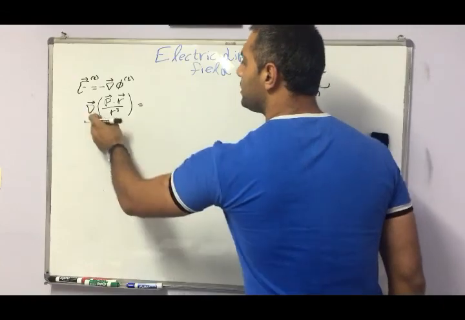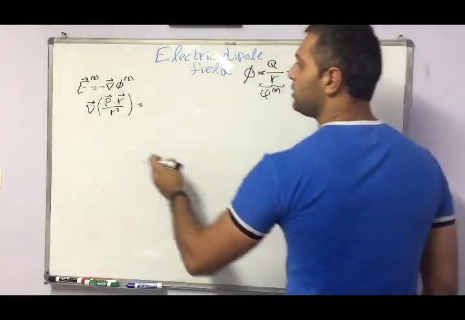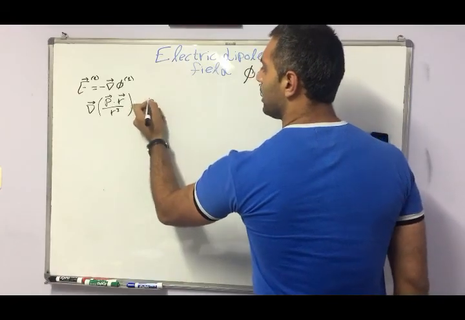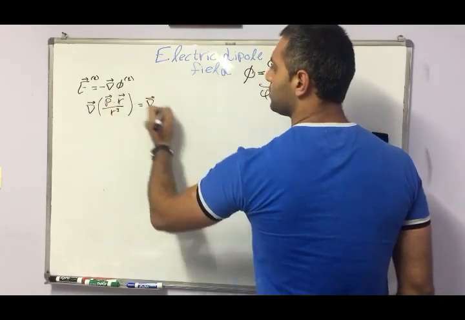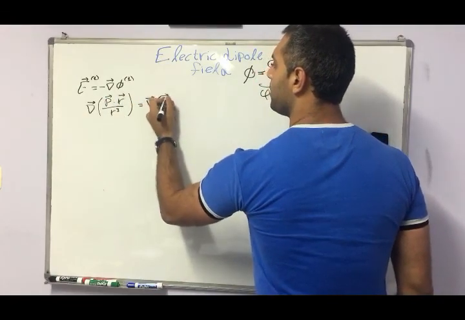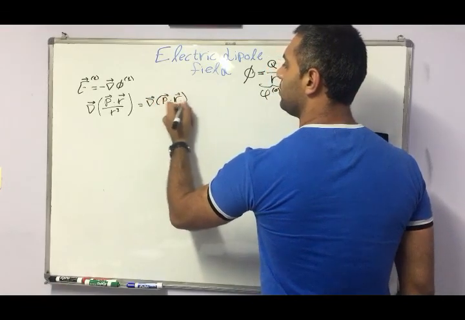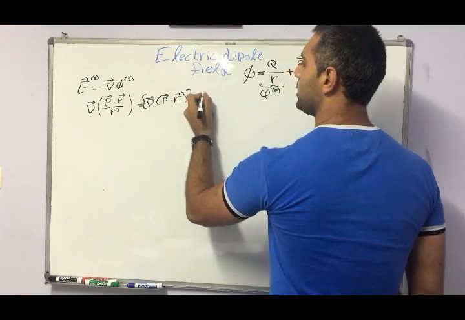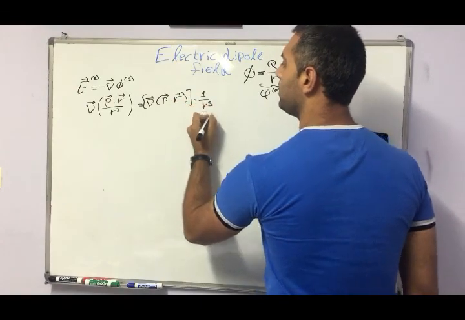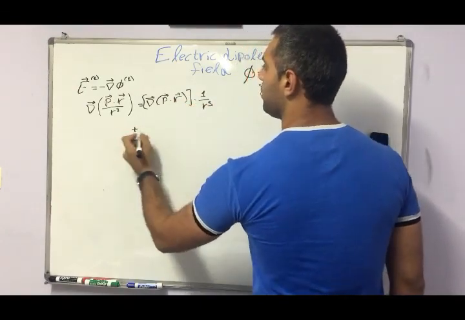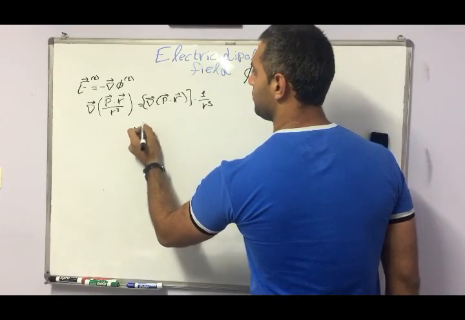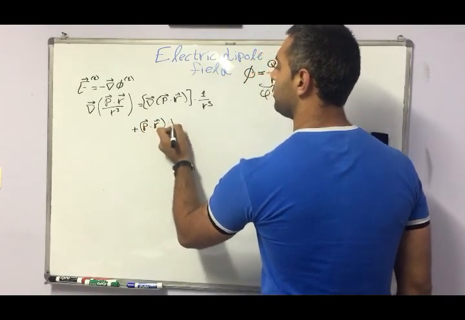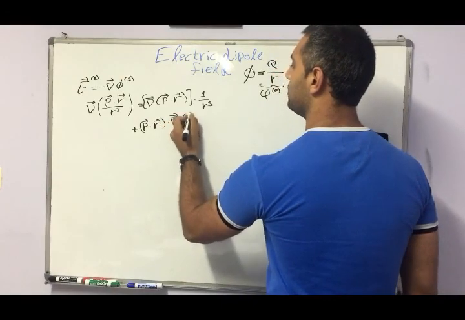equals, it's just like a derivative, so we can derive this and then derive this, just like the derivation of the first term dot the second term plus the first term dot the derivative of the second term.